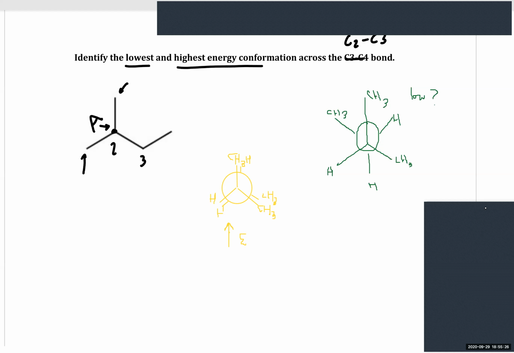What does everyone think about these examples? Do you agree that the structure in yellow is the highest energy conformation and the structure in green is the lowest energy conformation?